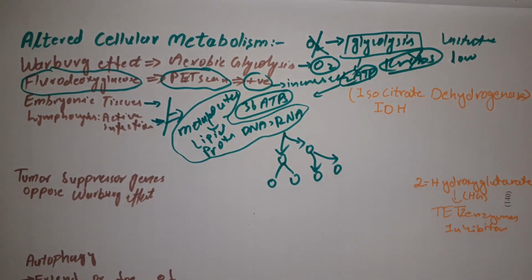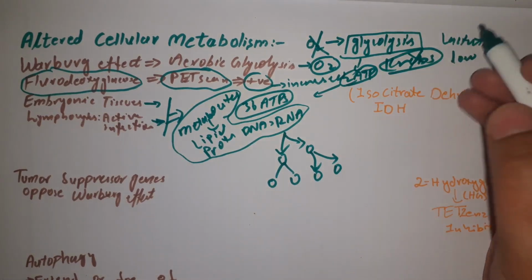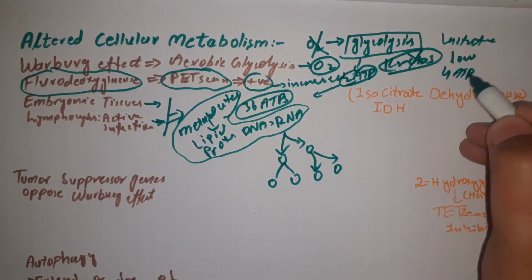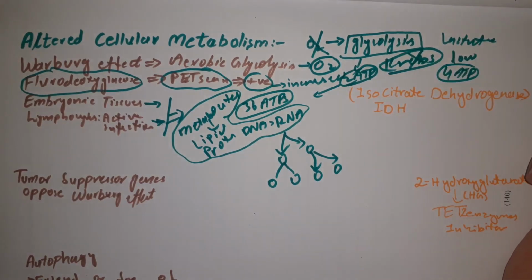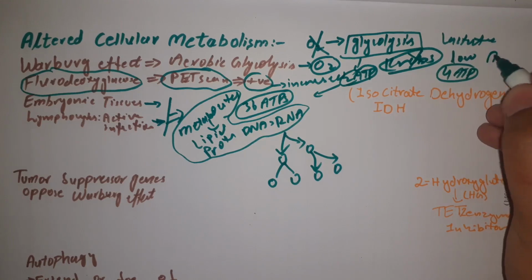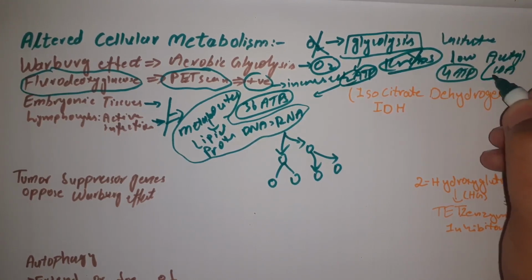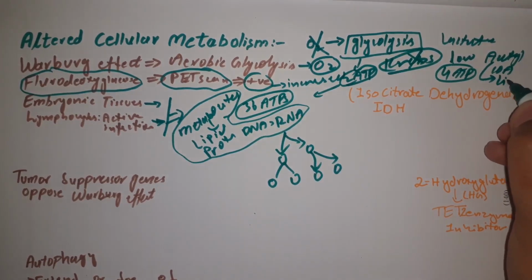However, some shunting occurs, in such a way that it only yields about 4 ATPs, and the metabolic products from the Krebs cycle are also used to synthesize their metabolites. For example, they use acetyl-CoA from the mitochondria in the synthesis of lipids.